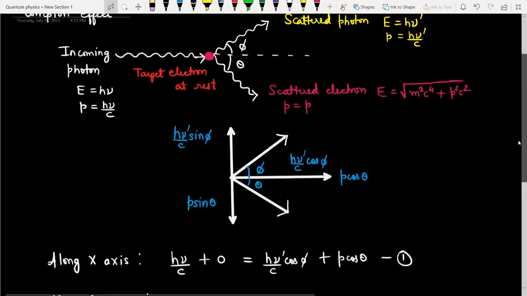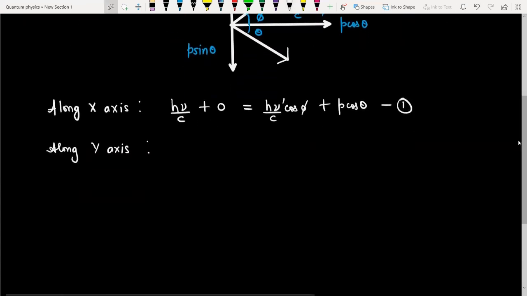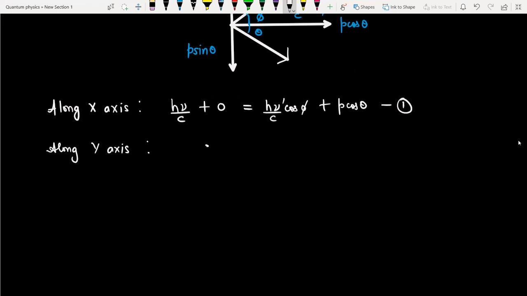So the total linear momentum along the y-axis before the collision is 0. We write the LHS as 0, and on the right-hand side we use h mu prime by c sine phi, and as I just discussed, we put a minus sign because the directions of p sine theta and h mu prime by c sine phi are opposite, so minus p sine theta. This will be equation 2.